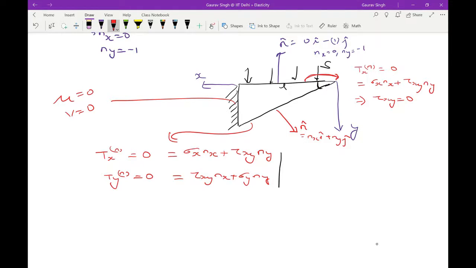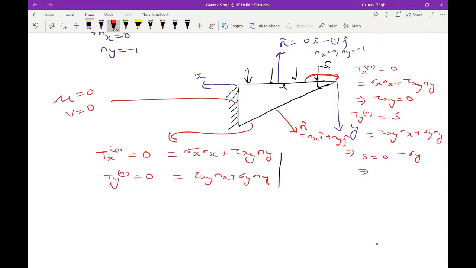Now let's write for ty of n, that is equal to s. It's a positive s because the direction of y is pointing downwards. That would make it as tau xy nx plus sigma y ny. This implies that s is equal to 0 plus, minus sigma y, because ny is minus 1.